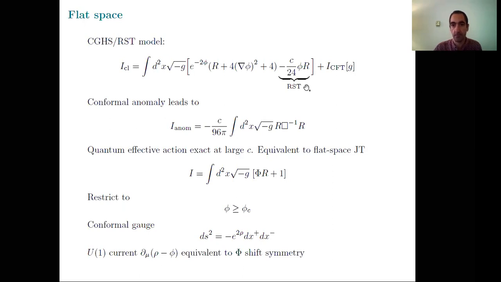So as a classical theory, you can do anything you want. But if you're going to quantize the theory, how do you enforce phi greater than phi c? And the field does whatever it wants. Well, there are various proposals of what to do with that point.